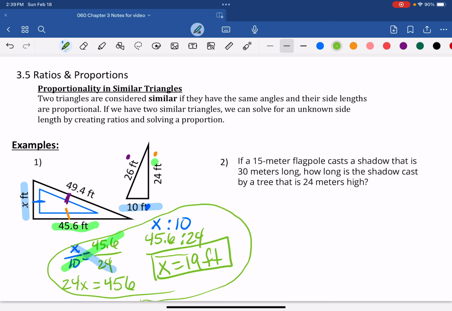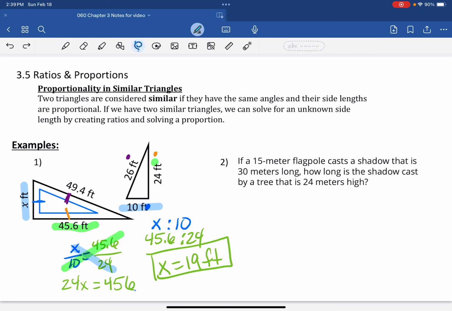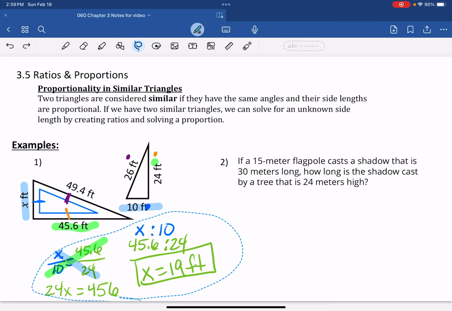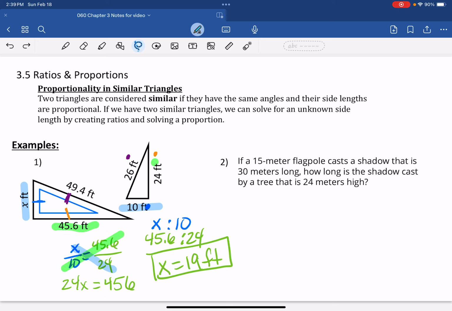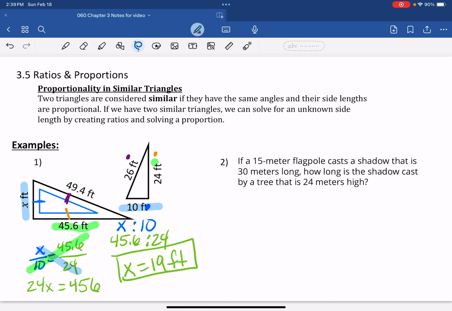In some cases, you will have a word problem that doesn't have the triangle drawn for you. And so you will have to draw the triangle yourself and then piece together all of the information. This question says, if a 15-meter flagpole casts a shadow that is 33 meters long, how long is the shadow cast by a tree?